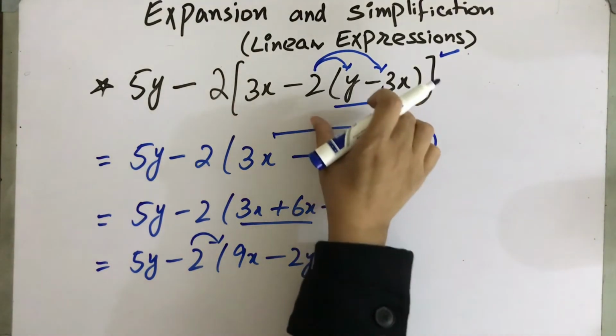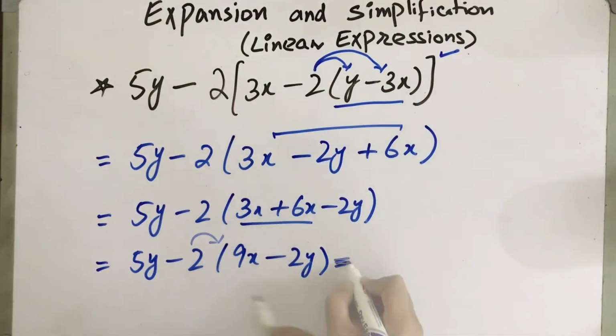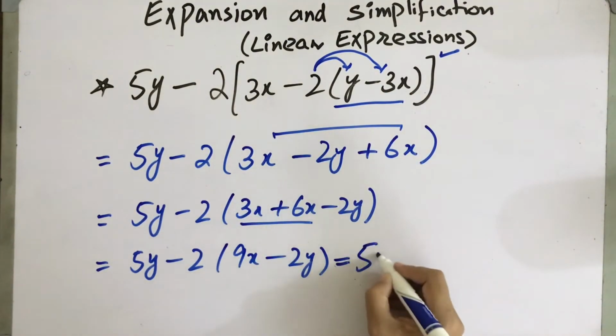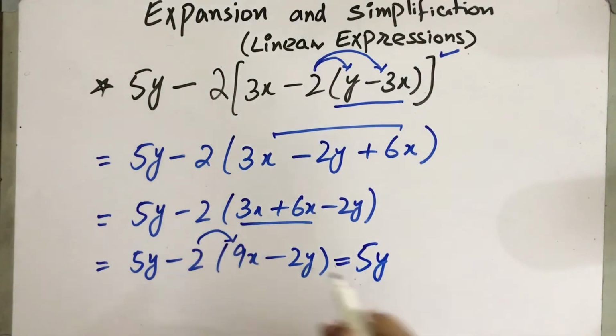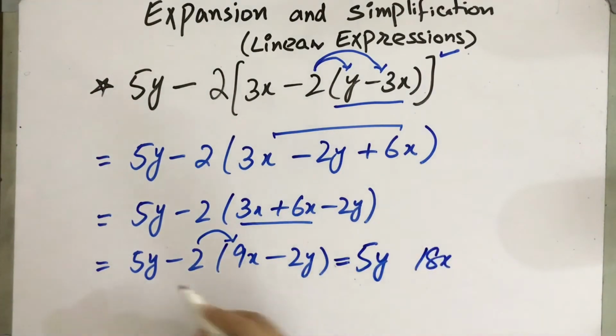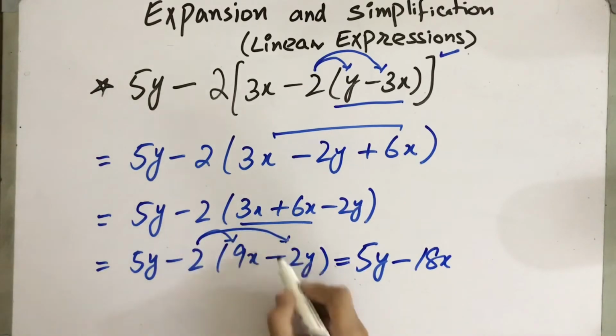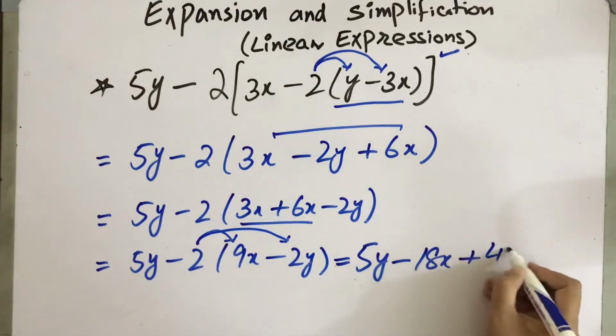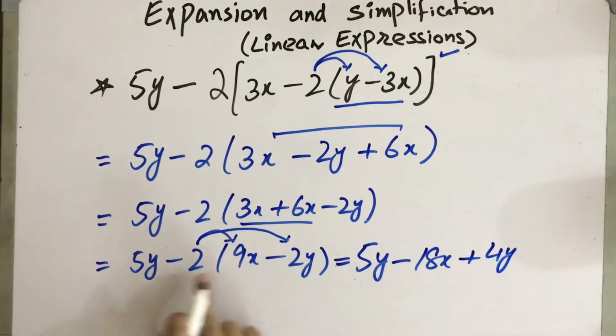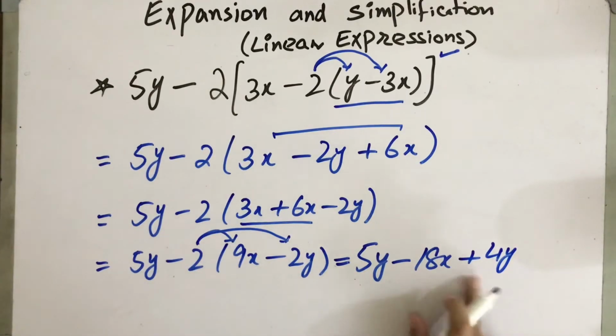After one expansion, I arranged and simplified. So when we expand again, we shall have 5y, 9 times 2 is 18, but it is negative 18 as there is a negative sign outside and positive sign inside. Opposite sign will give me negative 18 and same signs will give me positive 4y. 2 times 4, negative 2 times negative 2y will give me positive 4y.